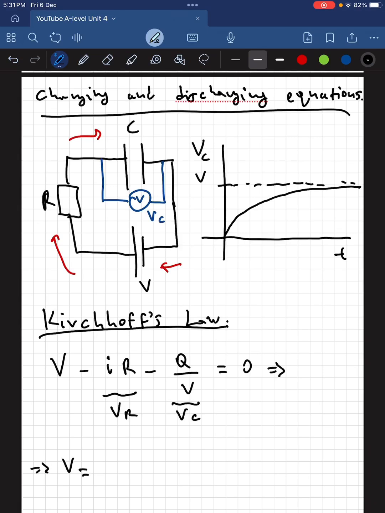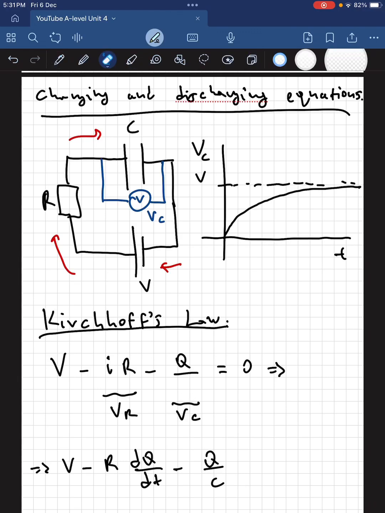So V minus R dq over dt minus Q over C. By the way, this should be C, not V, I'm sorry, is equal to 0.